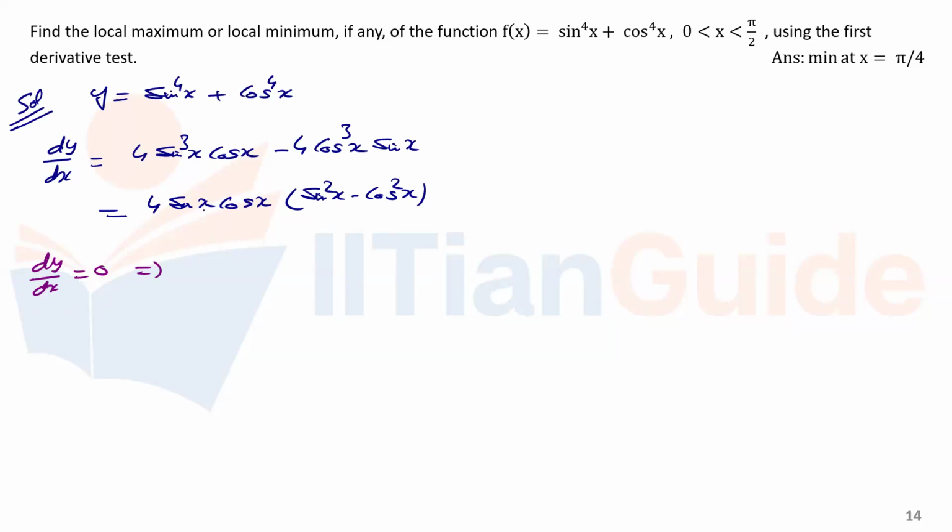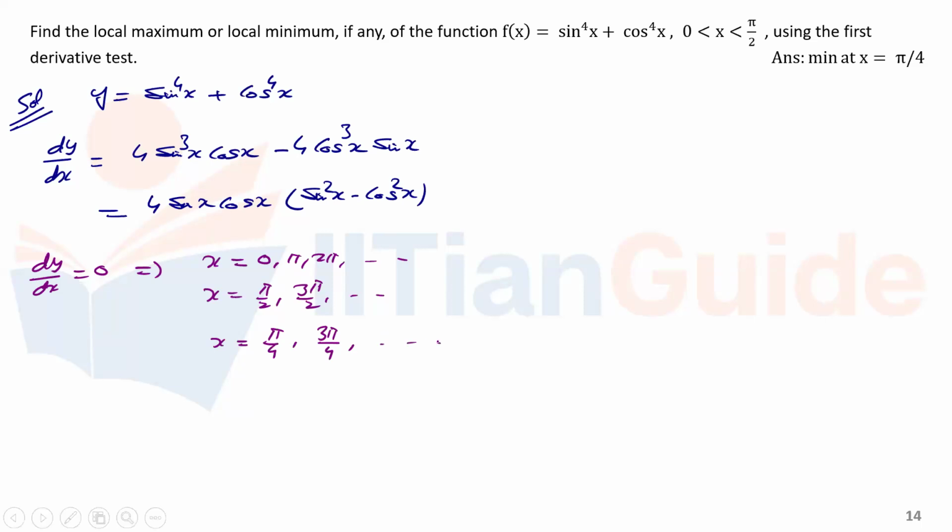That means sin x is 0 or cos x is 0 or sin square x minus cos square x is 0. When sin x is 0, x can be 0, pi, 2 pi, and so on. When cos x is 0, x can be pi by 2, 3 pi by 2, and so on. When sin square x minus cos square x is 0, tan square x equals 1, so x can be pi by 4, 3 pi by 4, and so on.